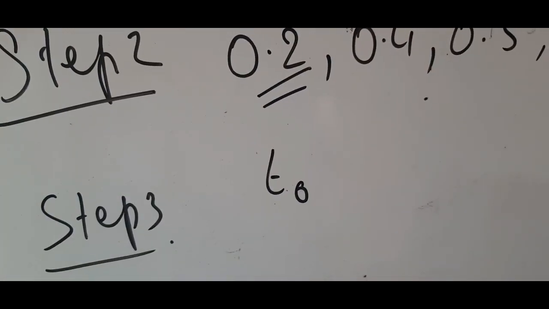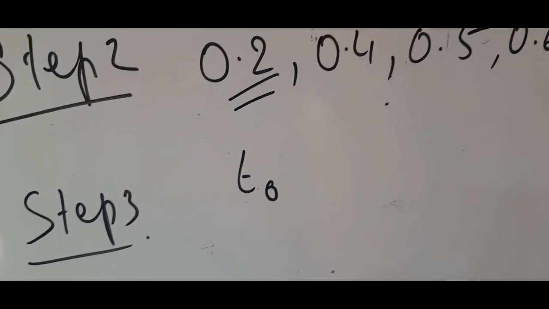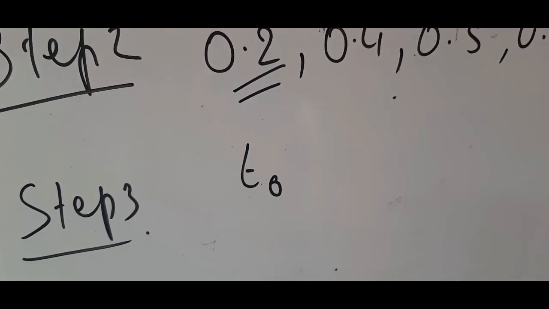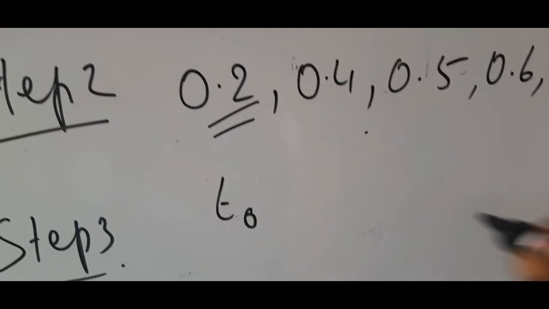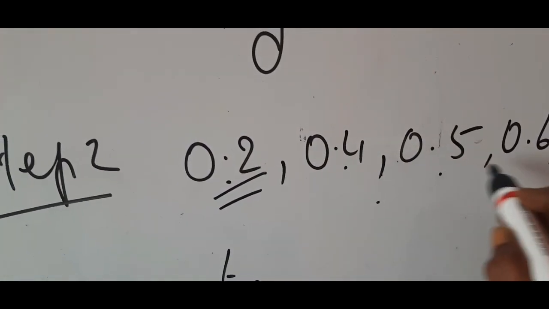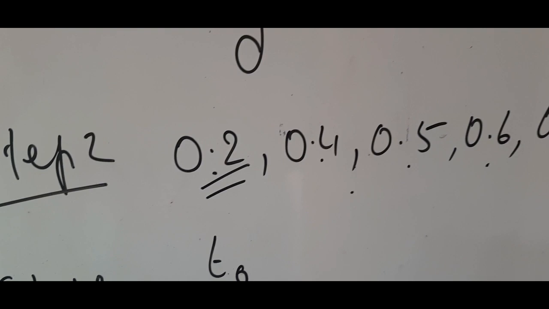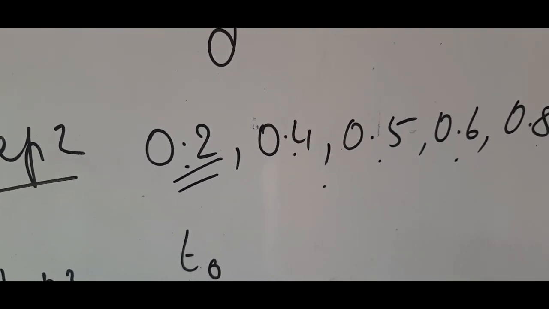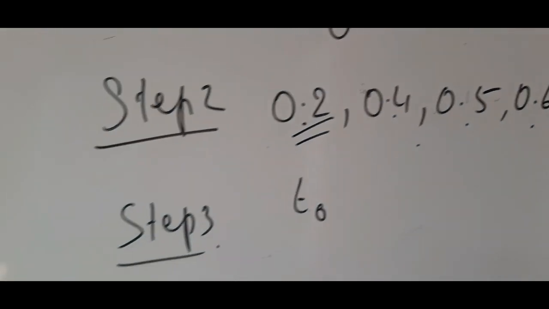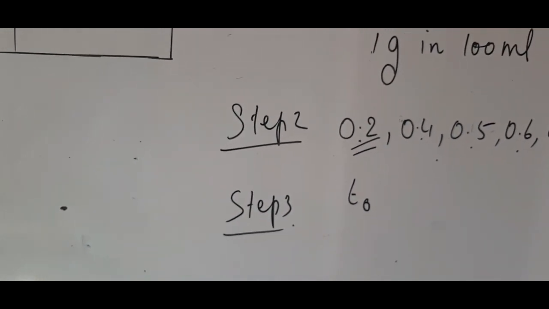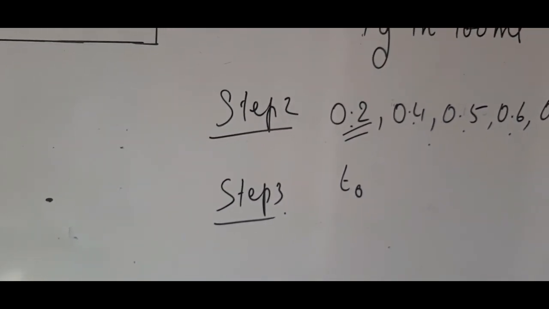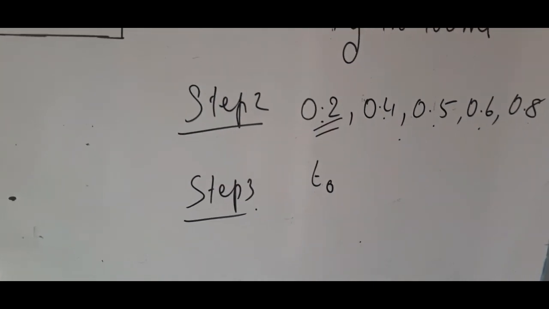You have to find out the flow time for the solvent using Oswald viscometer, and also for every concentration: 0.2, 0.4, 0.5, 0.6, 0.8. So this is the experimental part, and under calculation part you need to draw a graph that I will discuss soon.